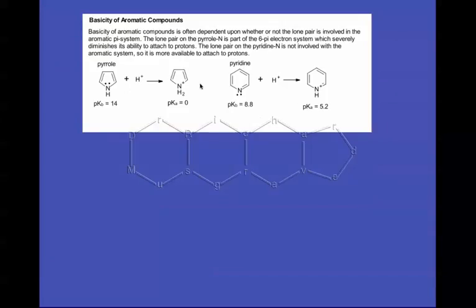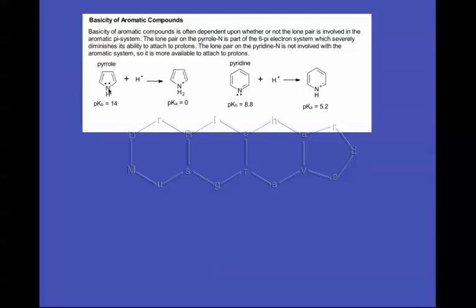I'd also like to talk about the basicity of some aromatic compounds. If we take a look at something like pyrrole, as you can see with pyrrole, a lone pair on the nitrogen is actually involved in the aromatic ring. Remember, it takes 6 pi electrons, and these 2 electrons on the nitrogen are actually part of the pi system.